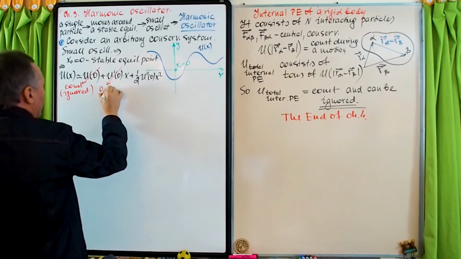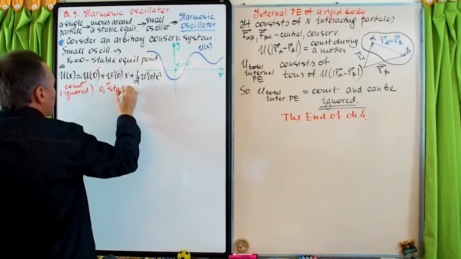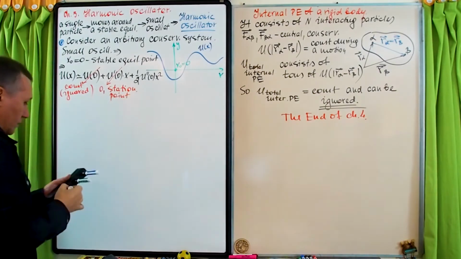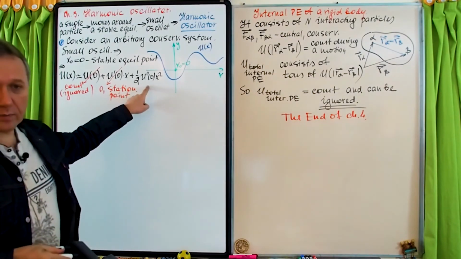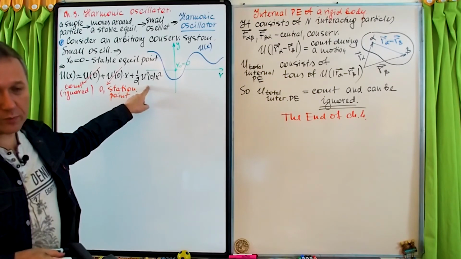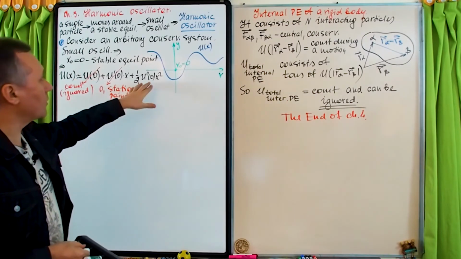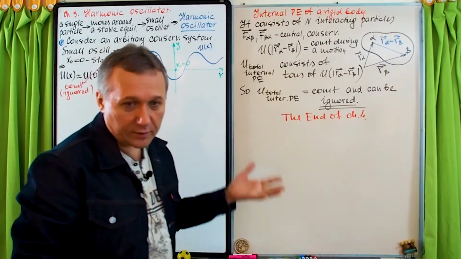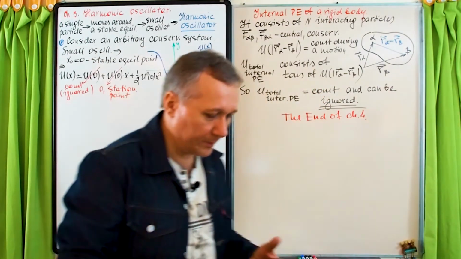It's a stationary point. And we cannot say much about that for now. But U double prime at 0 is constant, because you differentiated it twice and evaluated the function at a certain point. Of course, it's some number, right?